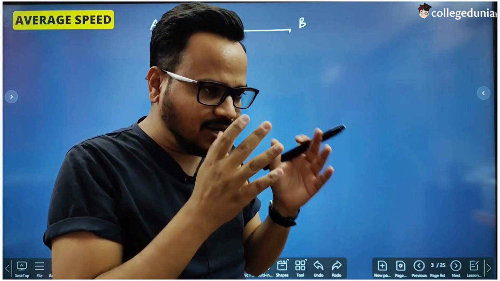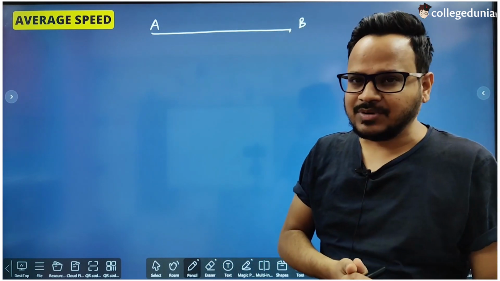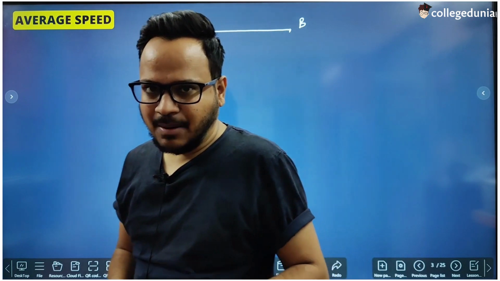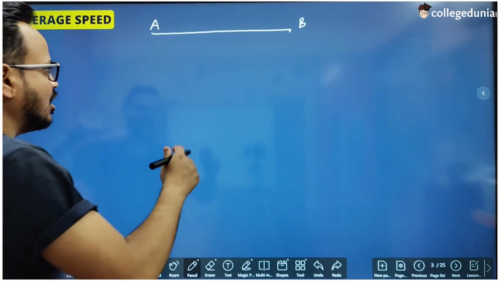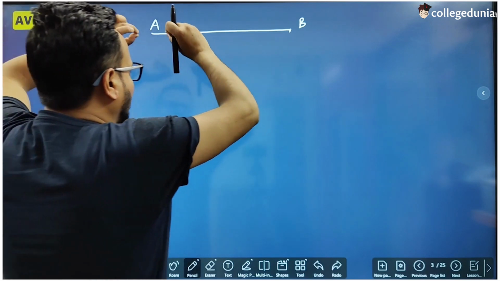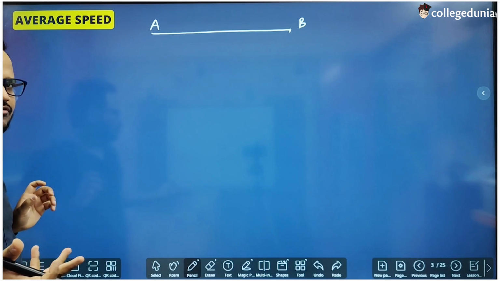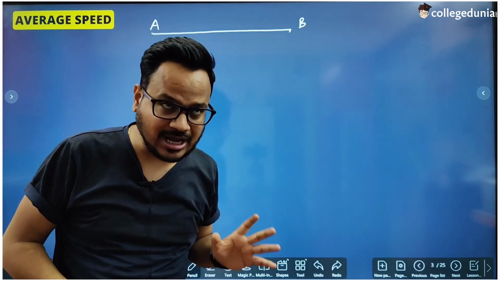So in real life situations, when the body moves from one place to another place, the speed of the body can be changing continuously. But if we are interested in average speed, what is the formula of speed? You all have studied the formula of speed in your class 8, 9, 10, and that is distance upon time.